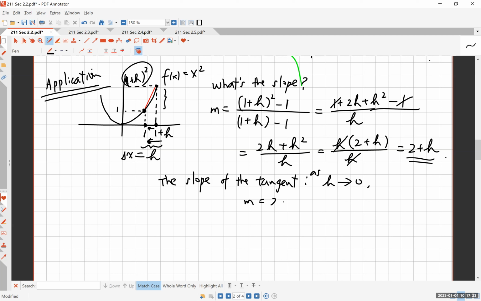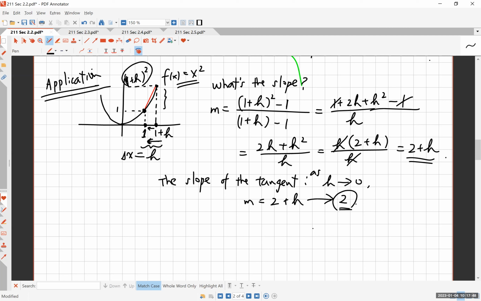Well, m, which is 2 plus h, of course, approaches 2, right? And that turns out to be the slope of the tangent line right at this point, okay? So the rate of change of this function, whose rate is constantly changing, is precisely equal to 2 when x is equal to 1. This is called the derivative of the function f at 1, right?